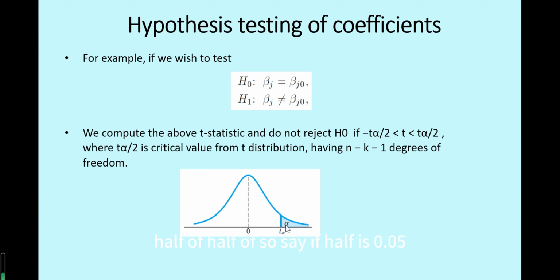Say if alpha is 0.05, each area will be 0.025. If the t value is very large or very small, we will reject the null hypothesis in favor of the alternative hypothesis H1, which means we conclude beta j is not equal to this specific value.